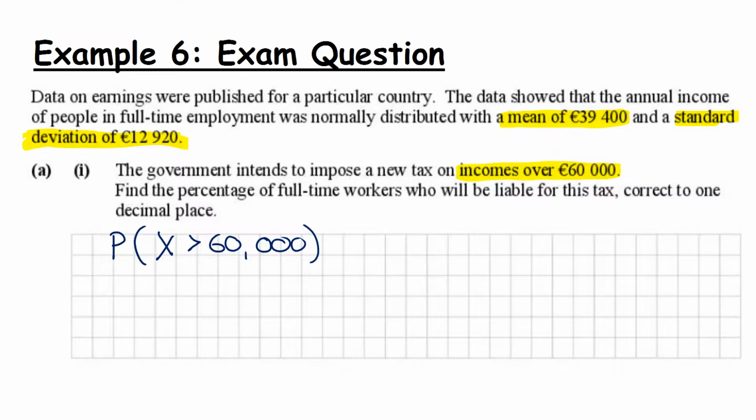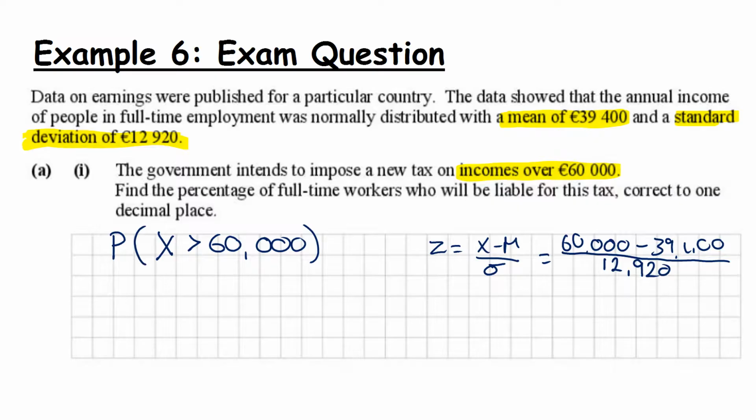Now, when we do write this, then we can kind of look and see, oh, okay, well, I have an x, but I want to be able to use my z-scores, so I'm going to have to use my standardizing formula, which is z is equal to x minus mu over sigma, which is standard deviation, which is 60,000 minus our mean, which is 39,400, all over 12,920.